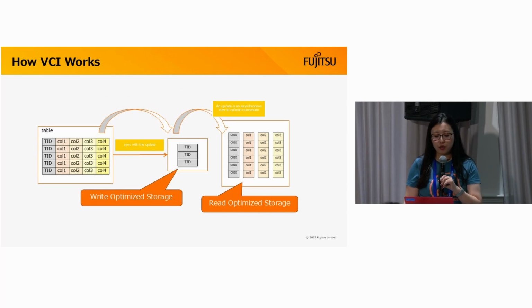From this slide, we will discuss how VCI works in the flow from creating a VCI index to updating the data asynchronously and reflecting the column data. The following is an example of a product purchase history table.